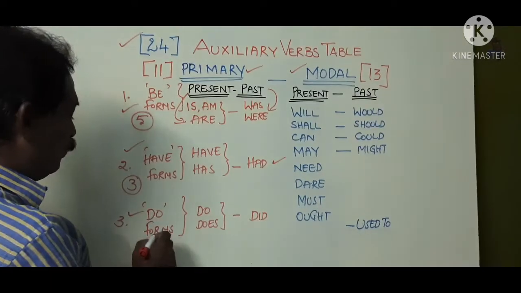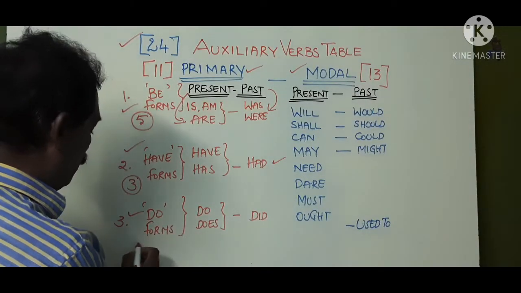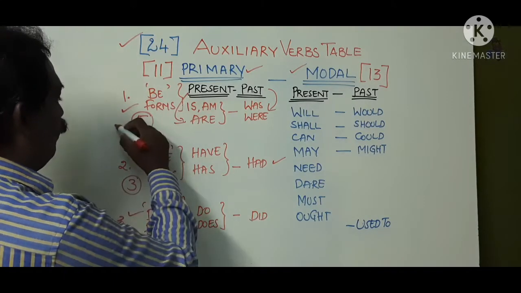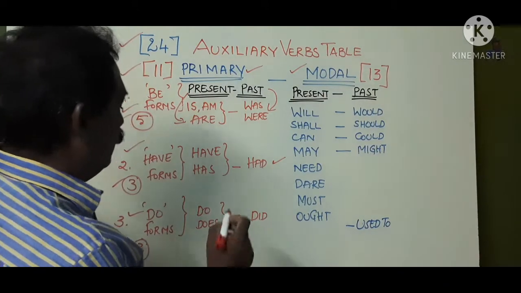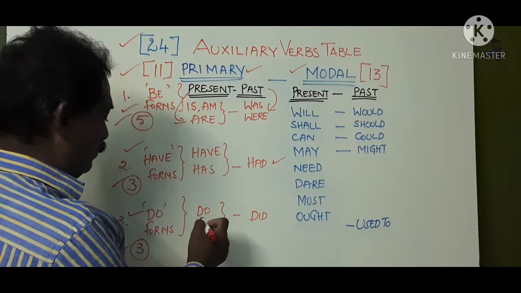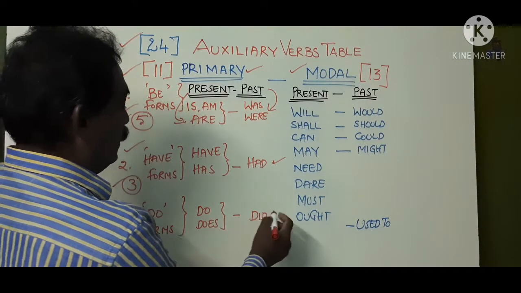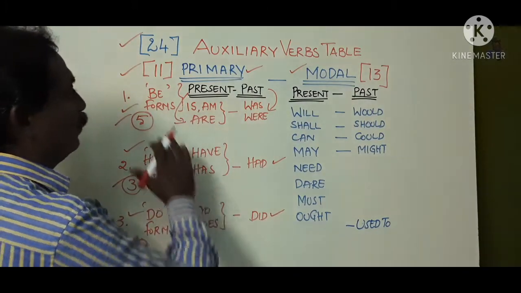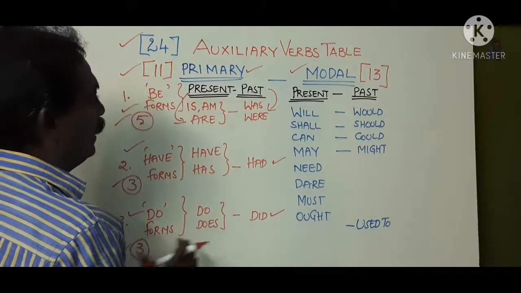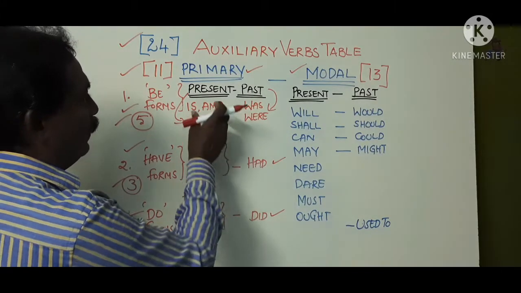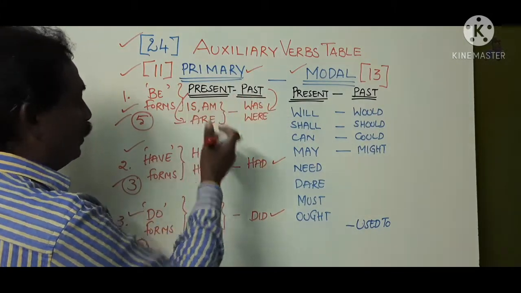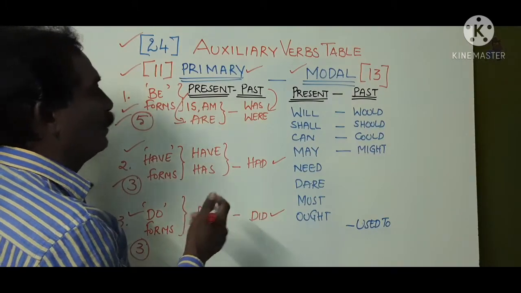Do forms are 3 in number: do, does, present tense, and did, past tense. So 5, 3, 3, that is 11 primary auxiliaries. We can understand the clear picture of the primary auxiliaries on this board, as they are divided into present and past. These forms will definitely help you a lot.